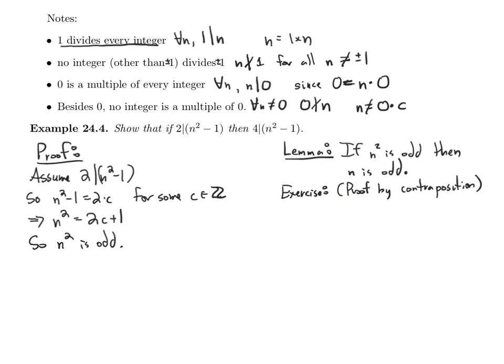But we have this lemma. If n squared is odd, then n is odd. And you should be able to do this exercise, so we'll say that this is true. So by the lemma, we have n squared is odd, so we know n must be odd.